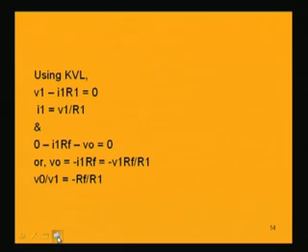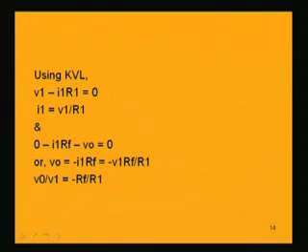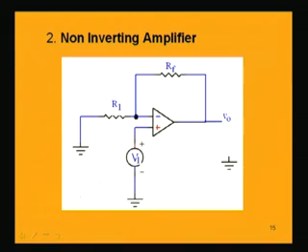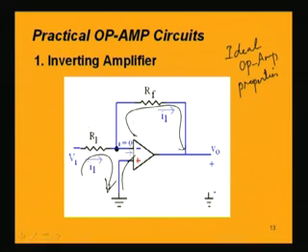So, there are two equations which we will take help of in order to find out V0. First is V1 minus I1 R1 equal to 0, that gives us an expression for I1, which is equal to V1 by R1. The other equation which we have written from this loop is: you can start from ground, and this voltage is 0, nothing but a ground voltage is 0, minus I1 RF minus V0 equal to 0.